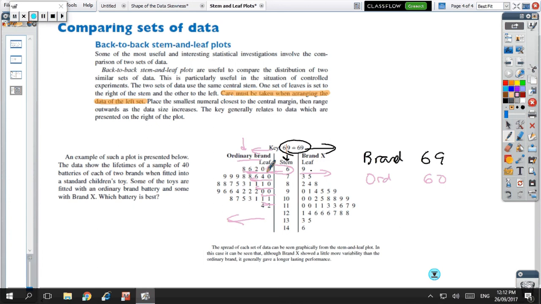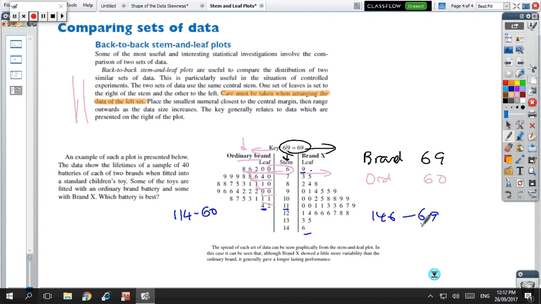There's information up here just saying the same thing. If you're trying to find the range for brand X, the lowest is 60, and the highest number is 114. On this side, the highest number is 146, and the smallest number is 69.